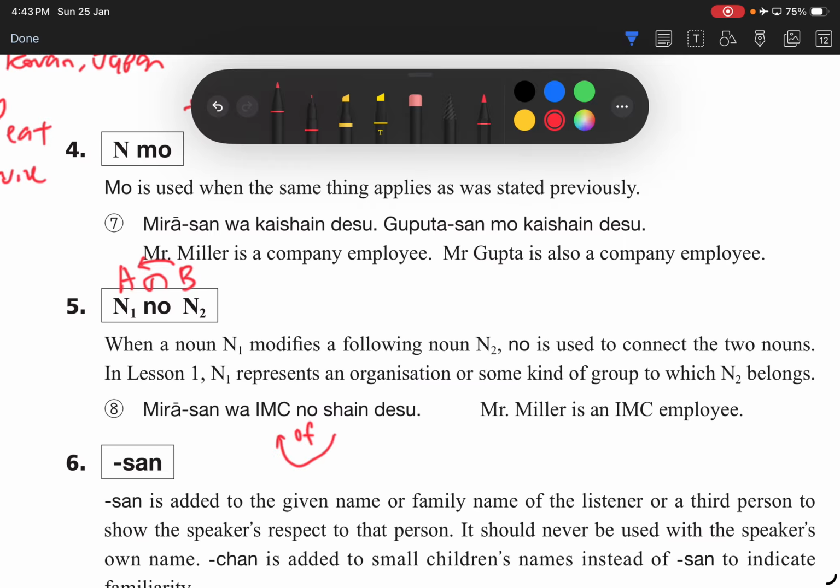For example, Singapore no Ben desu. Ben from Singapore. The translation is not really "from", but more like Ben of Singapore. I am related to Singapore, but what relationship I have with Singapore is not clear. It's like saying 新加坡的 Ben. How do you know that this person is born here? The information doesn't confirm this. How do you know whether this person is working or living here? The information also doesn't suggest that. It just suggests this Ben is somewhat related to Singapore.